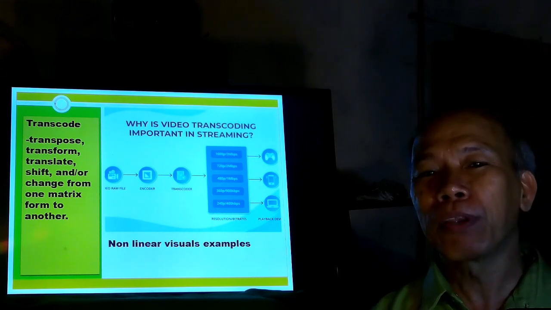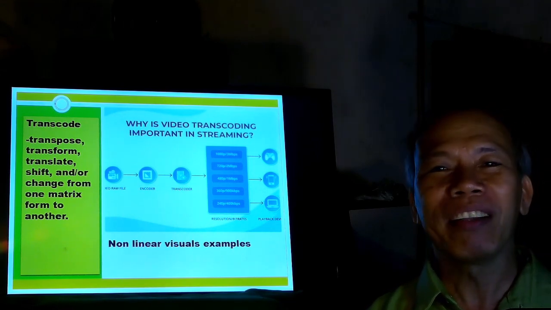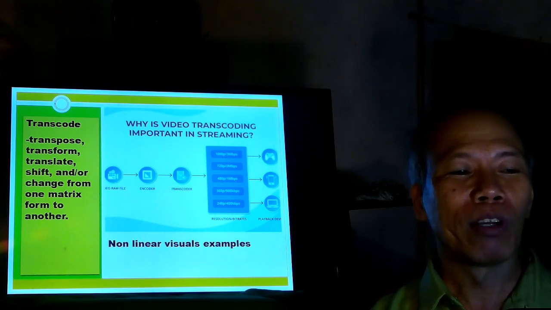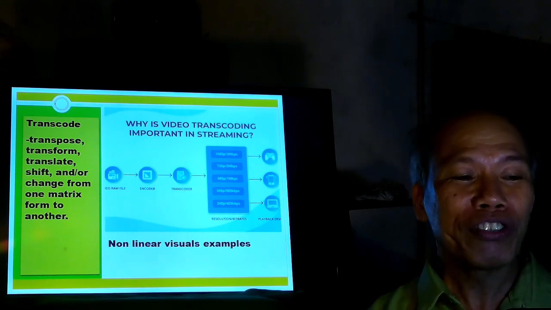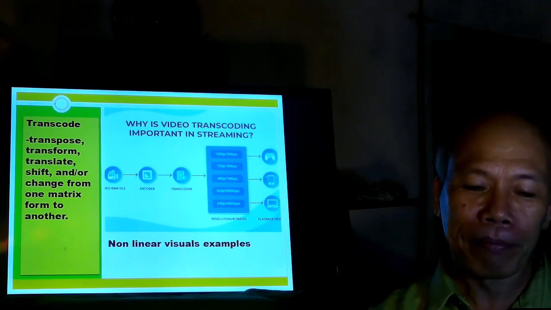What do you mean when you say transcode? The other words for it are transpose, transform, translate, shift, or change from one matrix form to another.